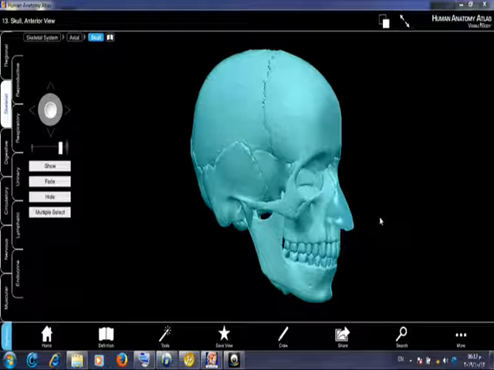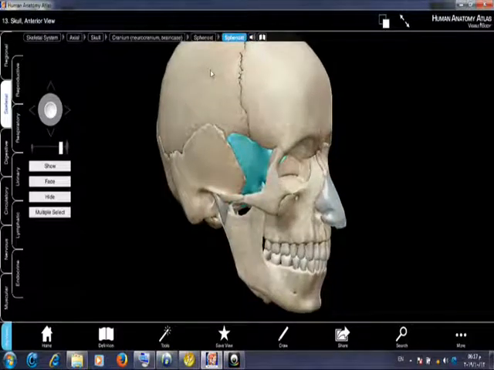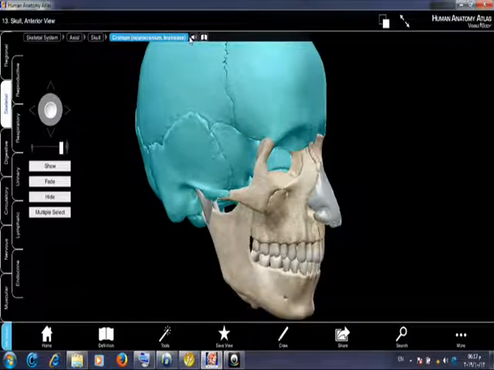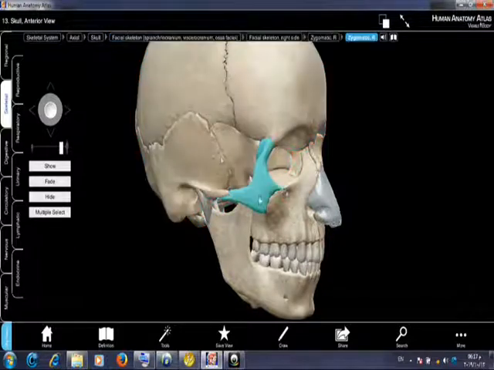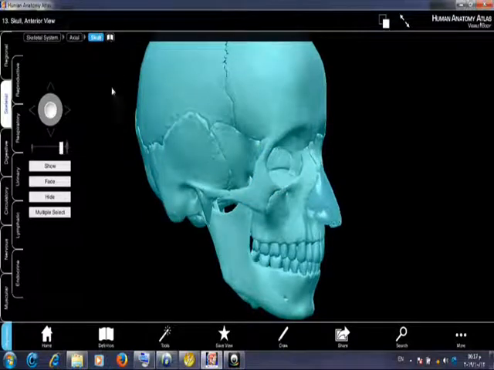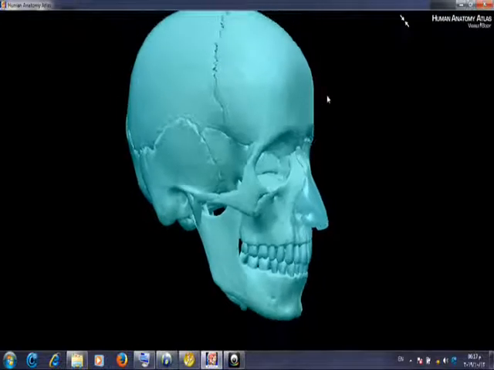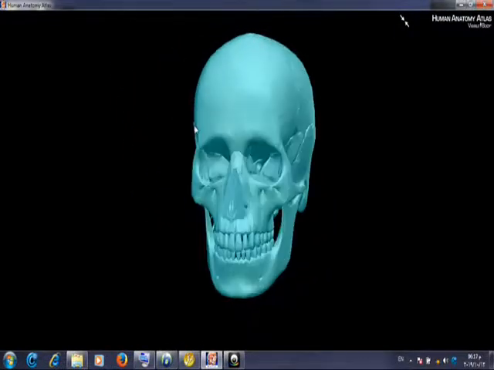So any bone that surrounds the brain only is called the cranium. All bones that surround the brain and also the face are called the skull. Okay? This is the difference between skull and cranium.